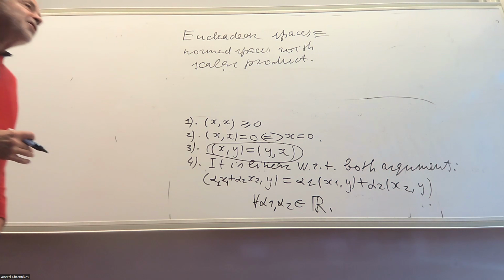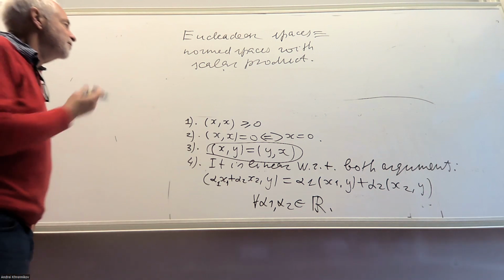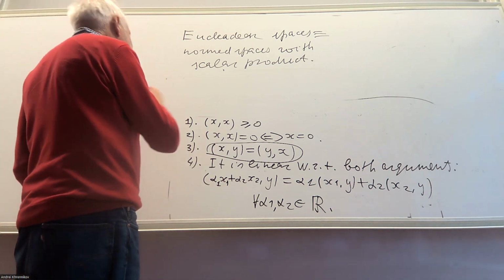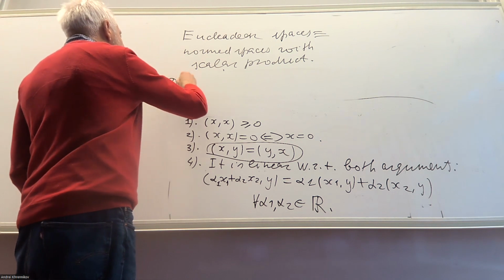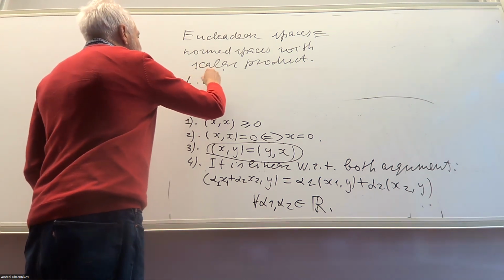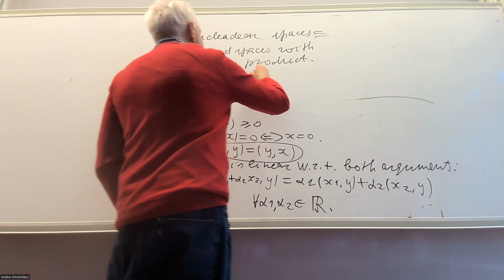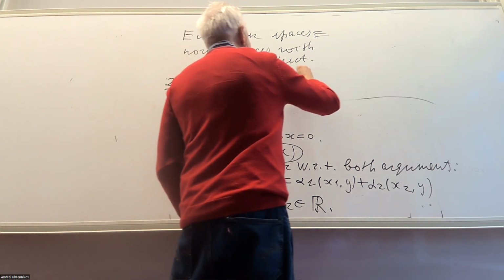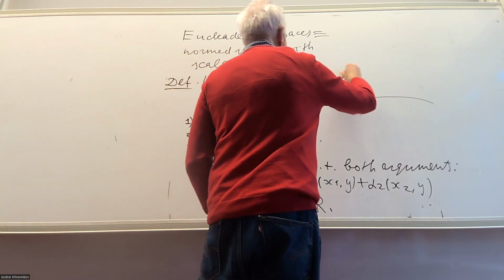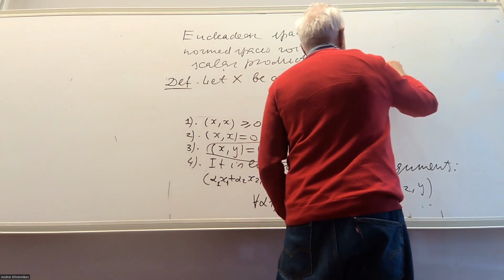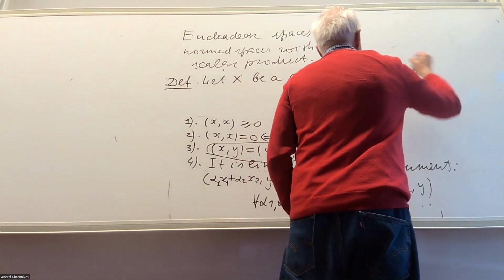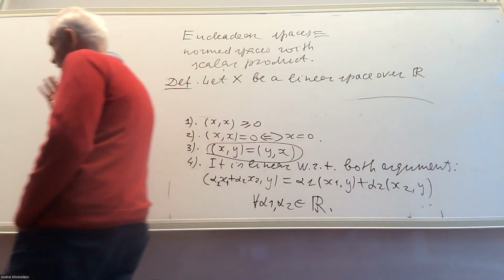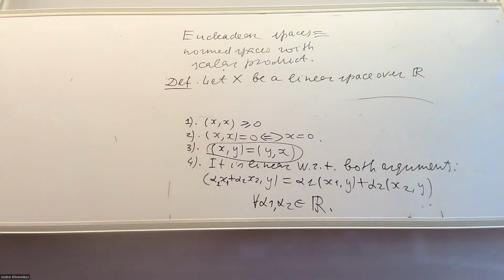The complex case we shall consider later, but we need complex for the analysis in complex space. So definition. Let X be a linear space, a real space over R. Unfortunately, the complex case has some differences. We should consider it separately.